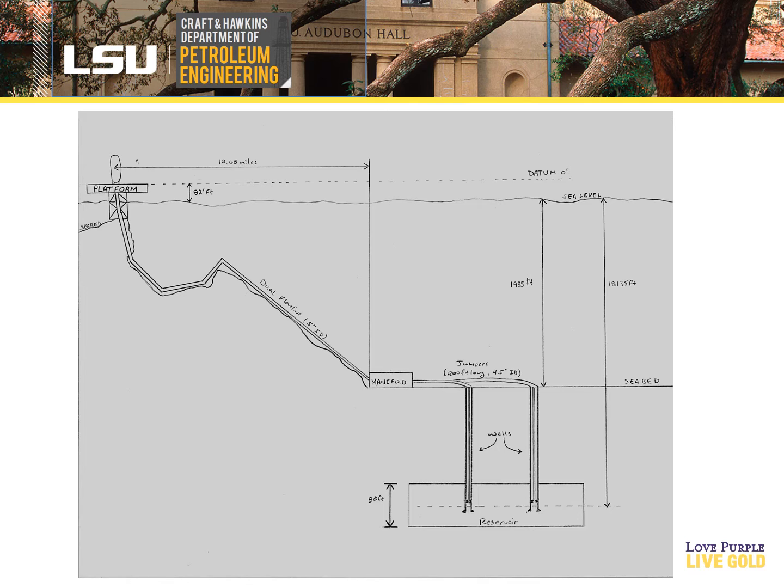This model consisted of two near vertical wells that were drilled at 18,250 feet measured depth with a wellbore radius of 6 inches. These two wells were connected to a manifold using 200-foot jumpers with an ID of 4.5 inches. Once connected at the manifold, the fluid will then be transported through a 5-inch dual flow line to our platform.